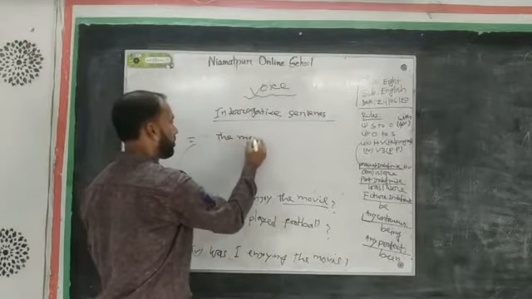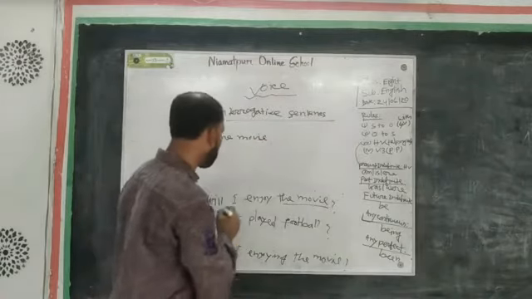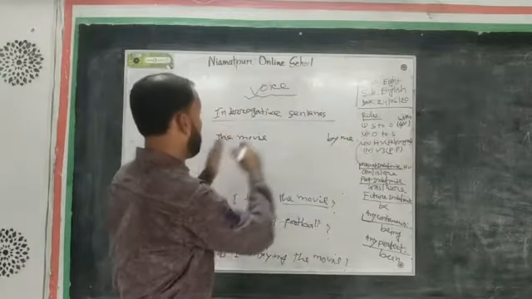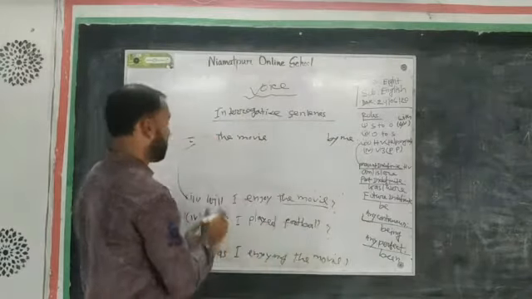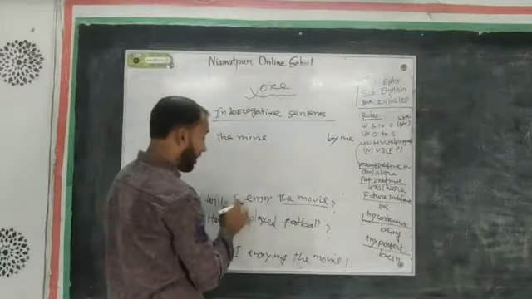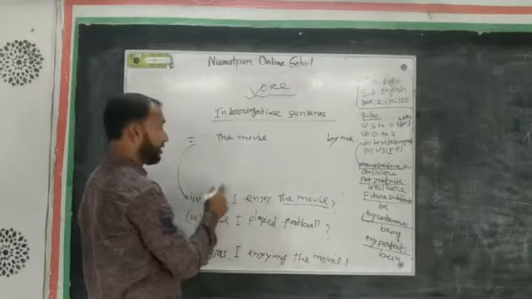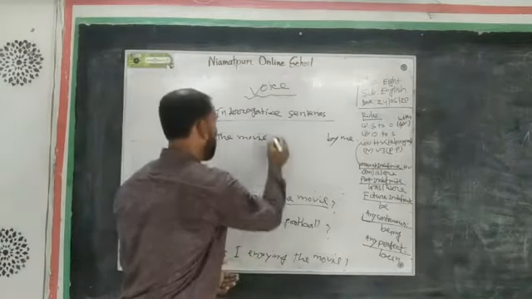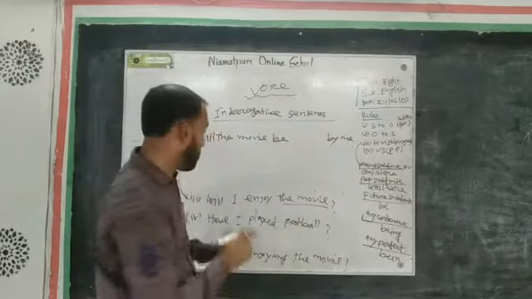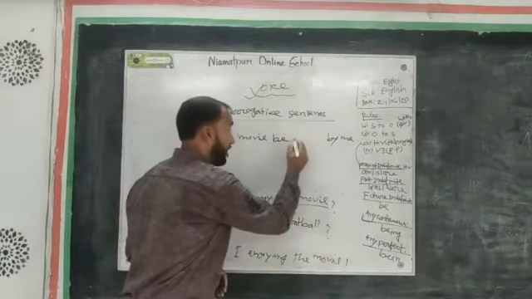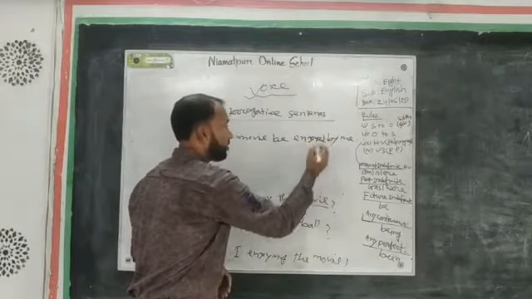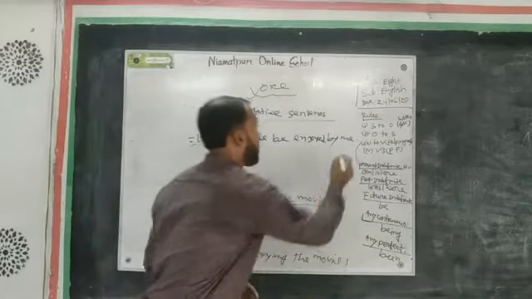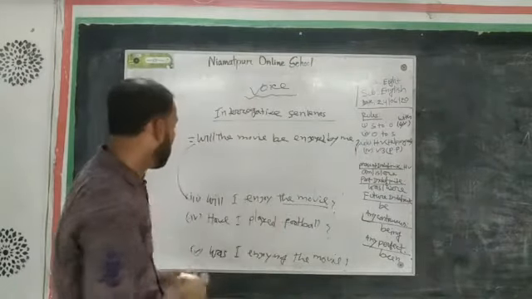The movie, by me, object to subject. The helping verb is already used before the subject, extra "be" after the subject, and V3, that means enjoyed. Will the movie be enjoyed by me? This is an interrogative sentence from active to passive.